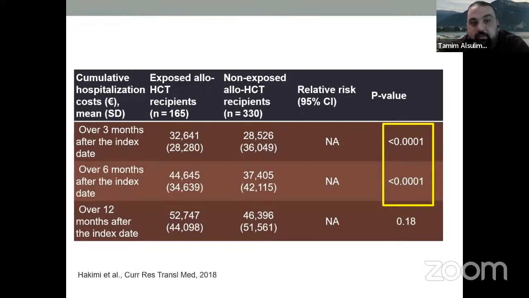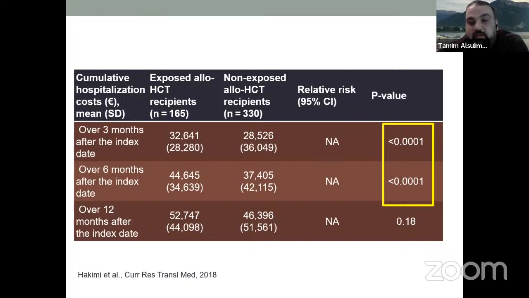As for the cumulative hospitalization cost in euros, we can see very easily that the difference is significant between the exposed and non-exposed patients for over 3 months and over 6 months.